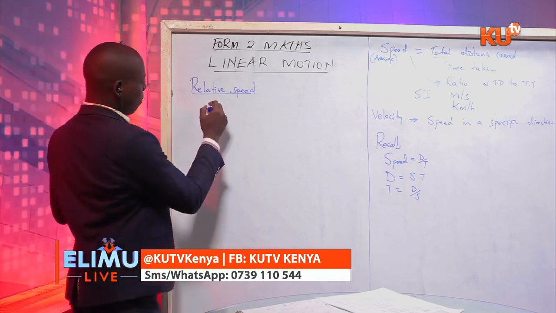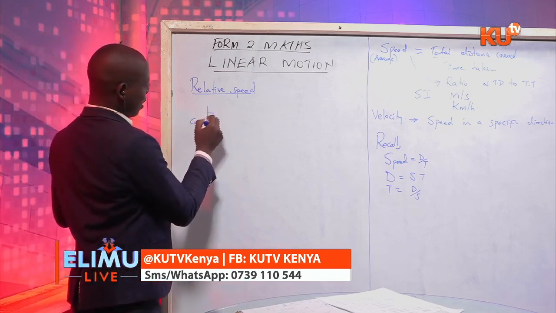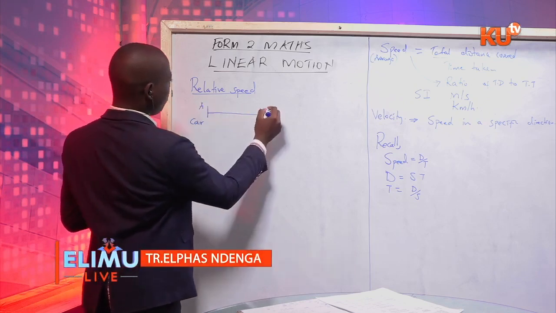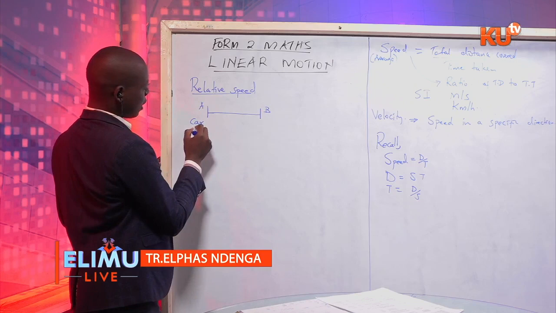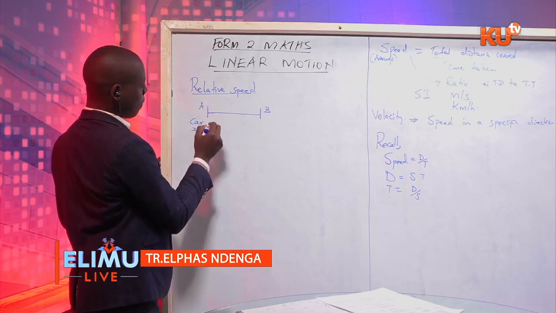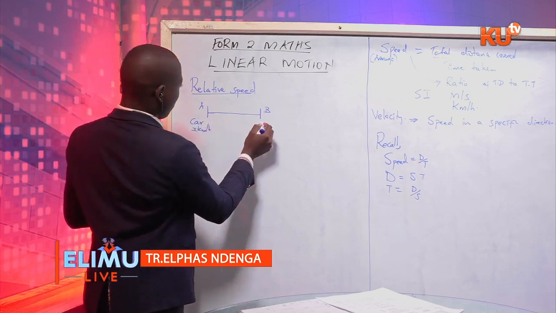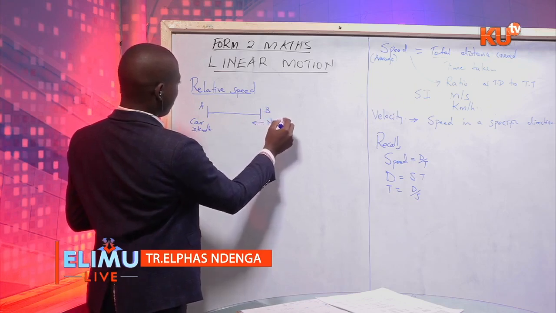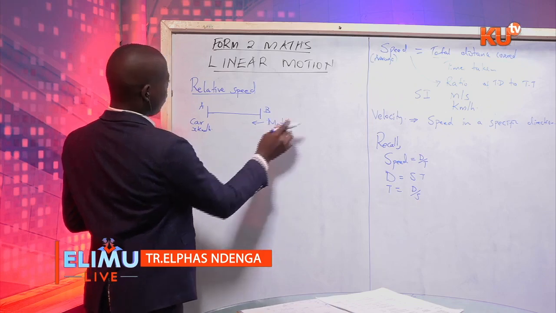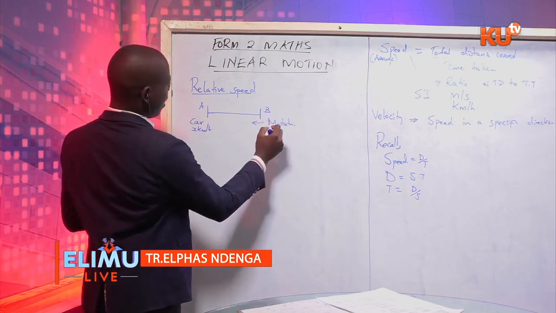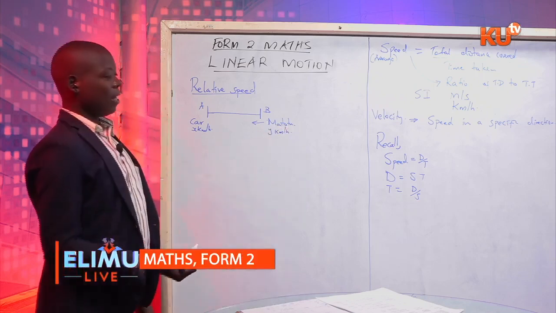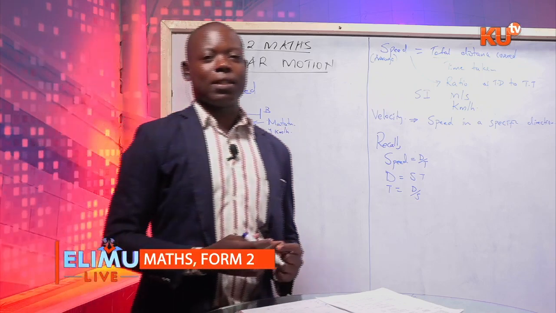If, for example, I have a car traveling from point A to point B at X kilometers per hour, and we have another vehicle, a Matatu, moving from B to A at Y kilometers per hour, then these are two different speeds.